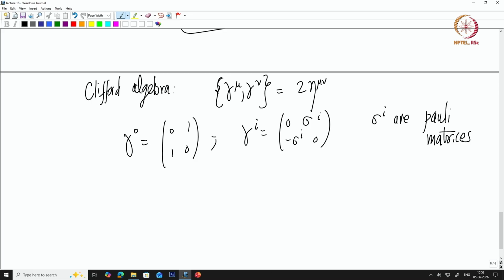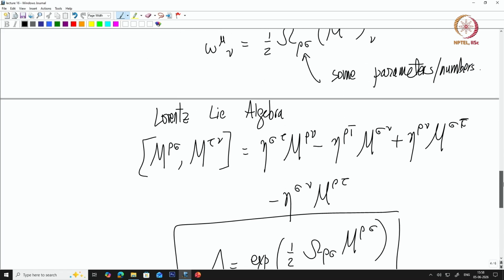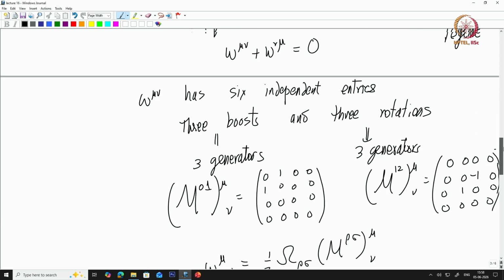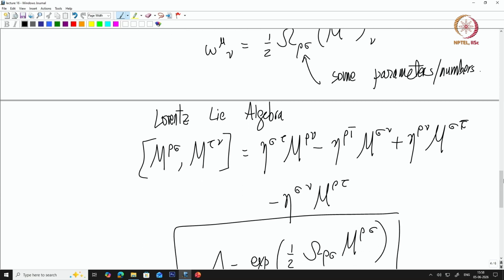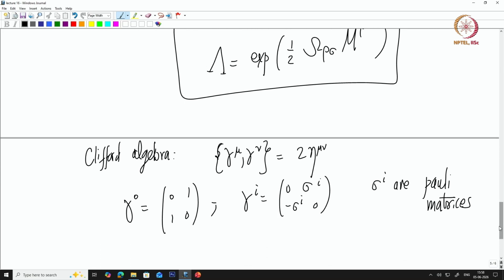Now we want to find matrices which satisfy the Lorentz algebra, the algebra which we have shown, the Lorentz Lie algebra, but they should be built from the gamma matrices.